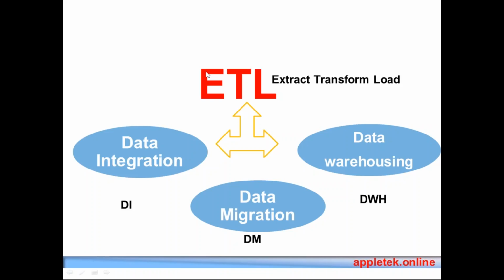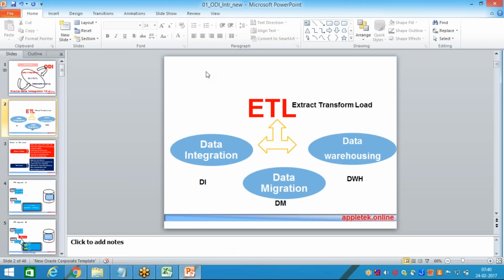Data migration means that if you have data in one database or application and you want to move it to another application or database, we need an ETL activity. Say, for example, I started my organization with a MySQL database, but now it is not scalable because my organization is growing and the customer base has increased.